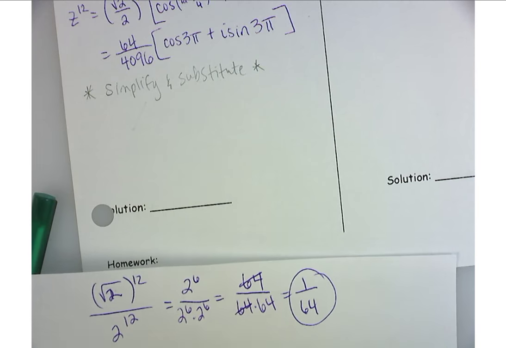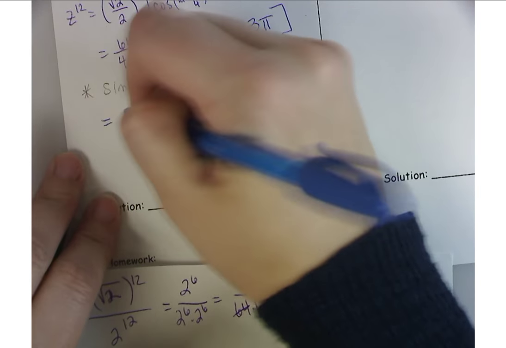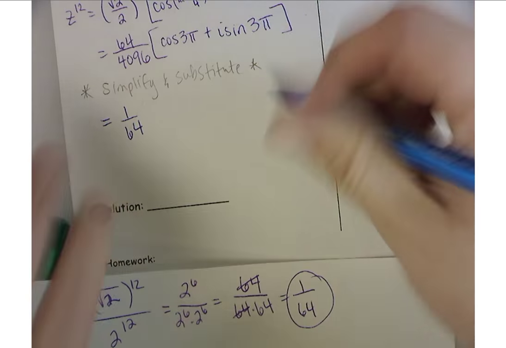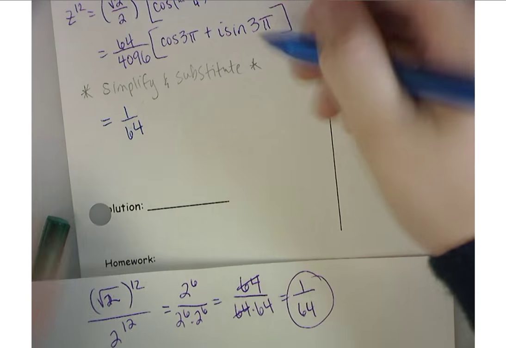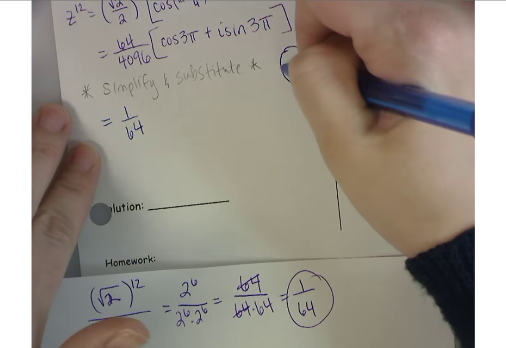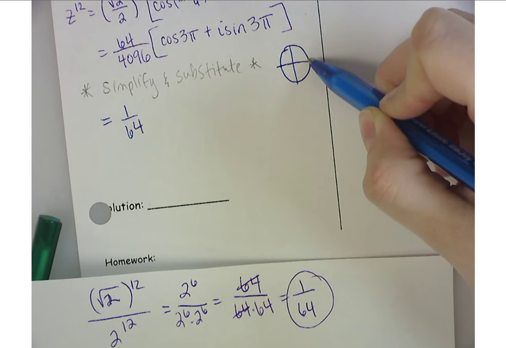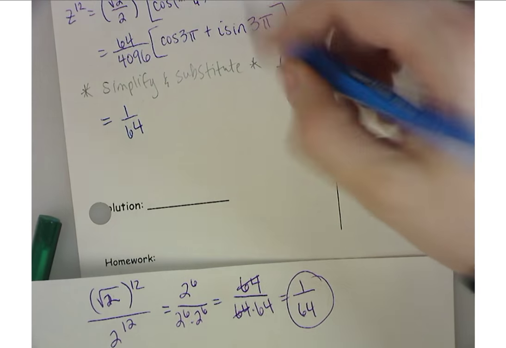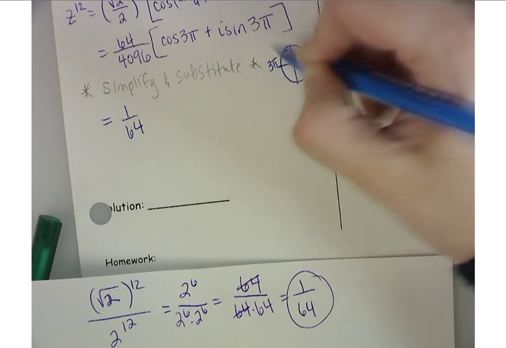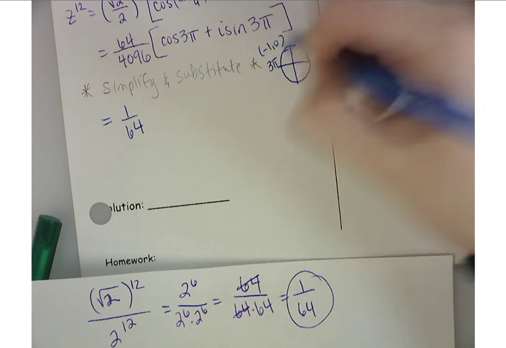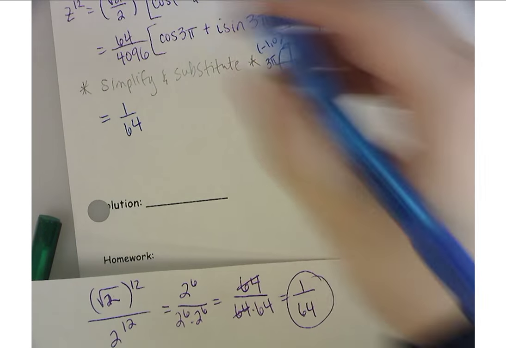Right, so we already said we know that this is going to be 1 over 64. Now for 3 pi, think of your unit circle. Right, 1 time around is 2 pi, so 3 pi is going to be the same place as what? Pi. So 3 pi is going to be here, which that point is negative 1, 0. So for cosine, I'm going to be plugging in what?